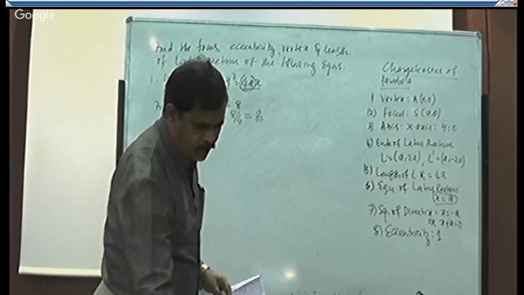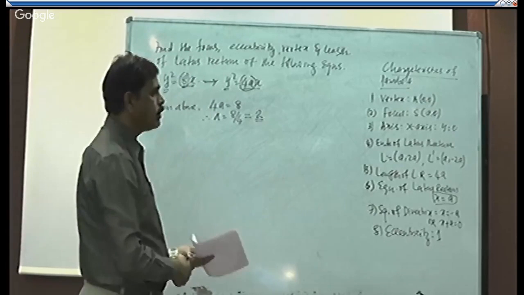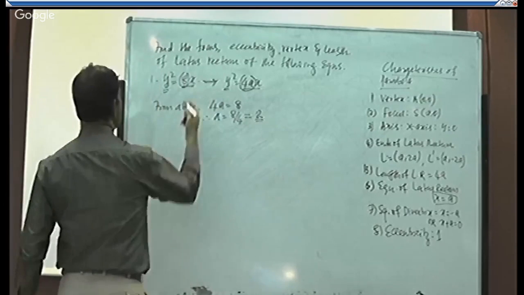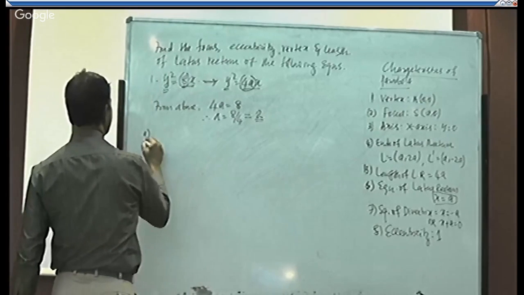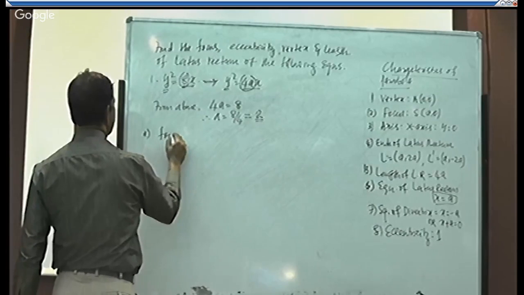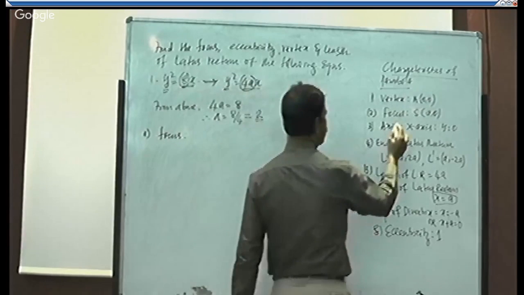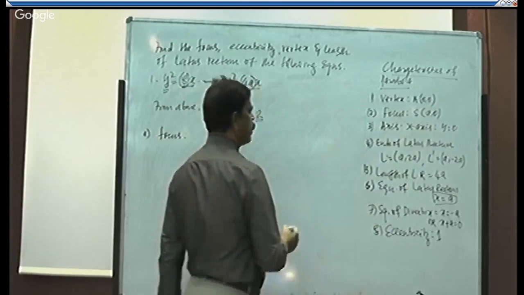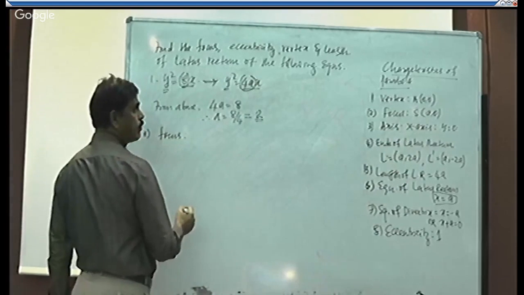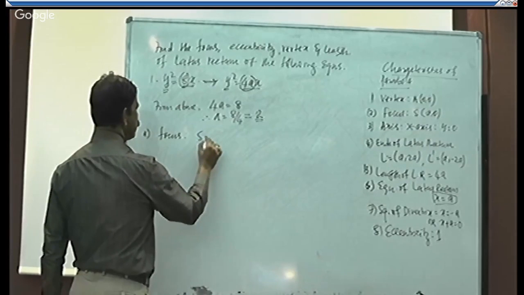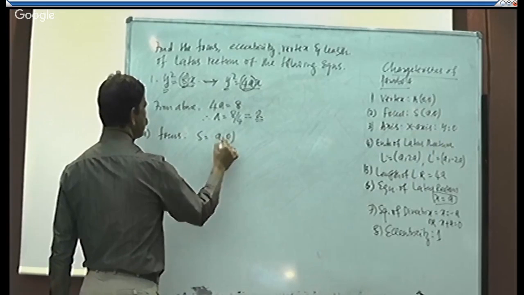Now we can write the other required values. First point, we need to write the focus. You see the characteristic. The focus S is equal to (a, 0).